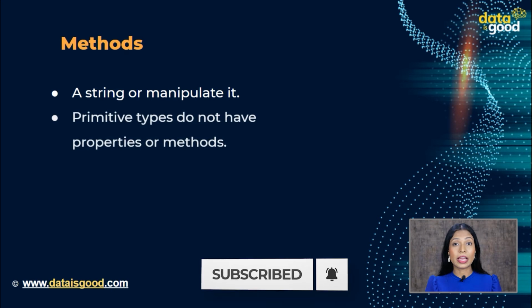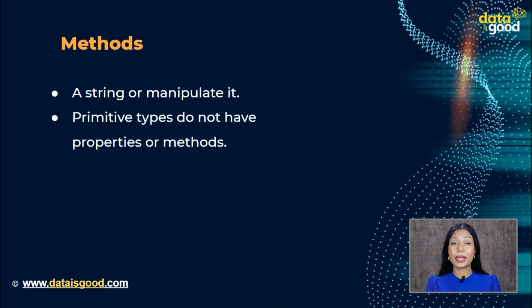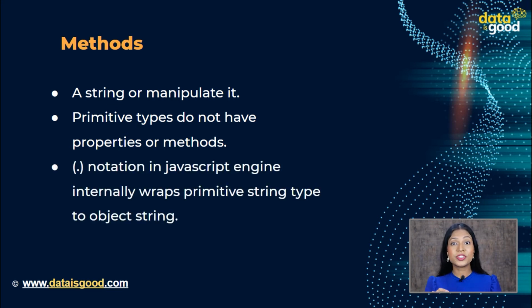Usually, primitive types do not have properties or methods. But do you remember the way we used the property on a string variable? String name dot property name. The dot notation in the JavaScript engine internally wraps the primitive string type into an object string type so that we can use properties and methods with them.